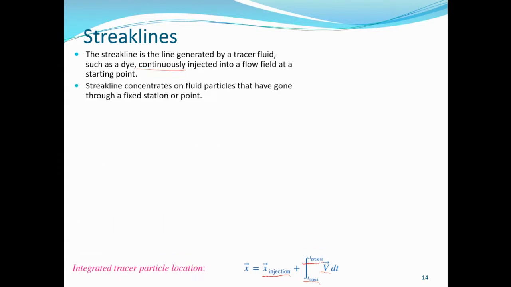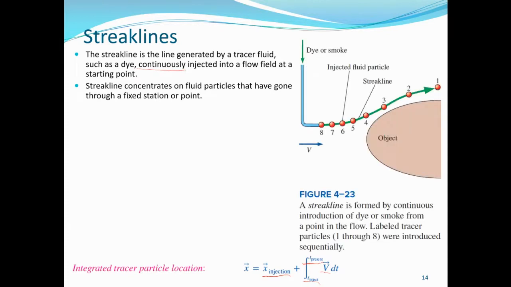Streakline concentrates on fluid particles that have gone through a fixed station or point. In the path line, we're talking about one particle. In the streakline, we have a combination of particles traversing the same path line over time. For instance, here, the streakline is formed by continuous introduction of dye or smoke from a point in the flow.